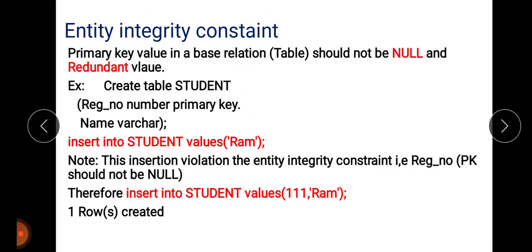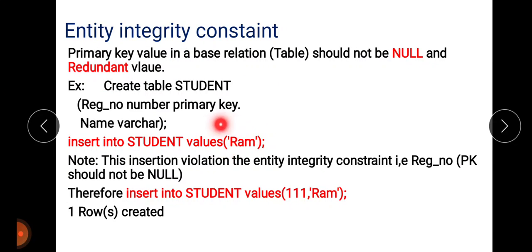Let us consider an example: create table student by taking two attributes, register number, the data type is number and the constraint is primary key, and name varchar. Insert into table name values ram, but here the register number is a primary key. What is our definition? The base table key should not be null or redundant, that is, repeated data.